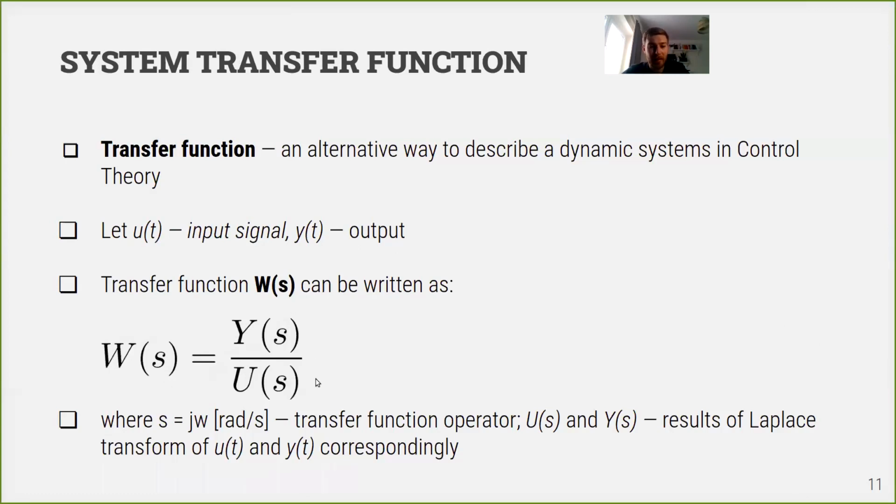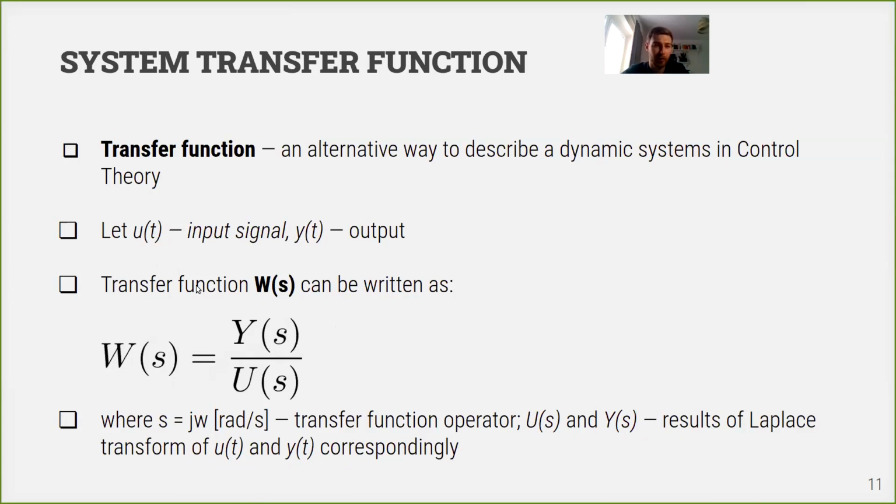And basically, this Laplace transform is just a way to simplify mathematics for us when working with the transfer function. So we change from the time domain to the Laplace domain, and then after performing all the mathematical operations, we just change back to the time domain and get an answer.